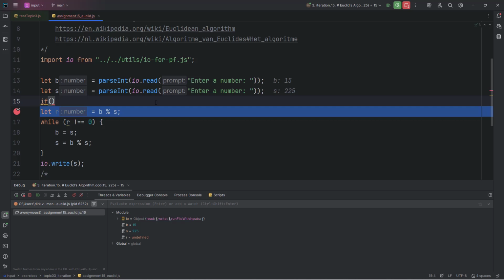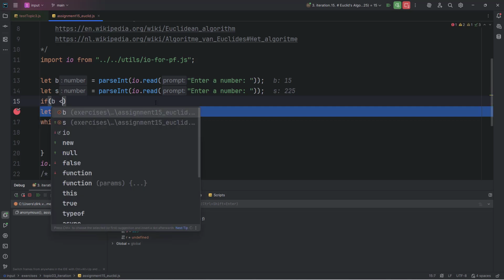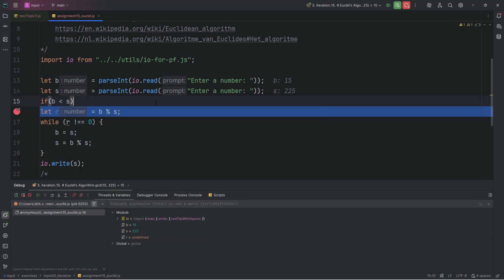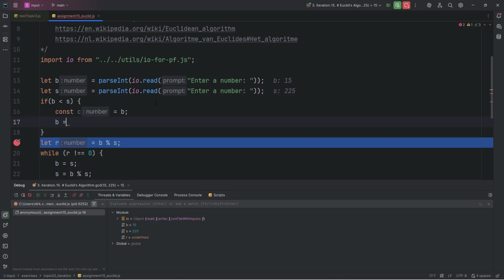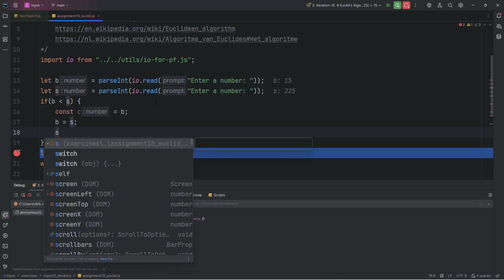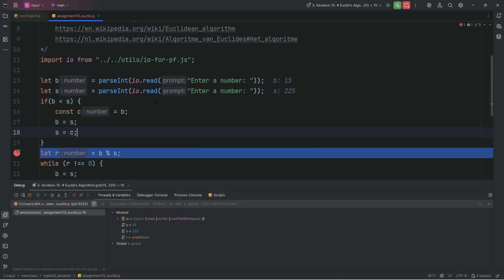If the smallest happens to be bigger than the biggest, then I have them in the wrong order. So I could say I have some temporary variable, or C, like we did in the warm-up exercises, becomes B, and then B becomes S, and then S becomes C. So this is just the swap trick we've seen in the first topic, I guess. So let's run this test again.